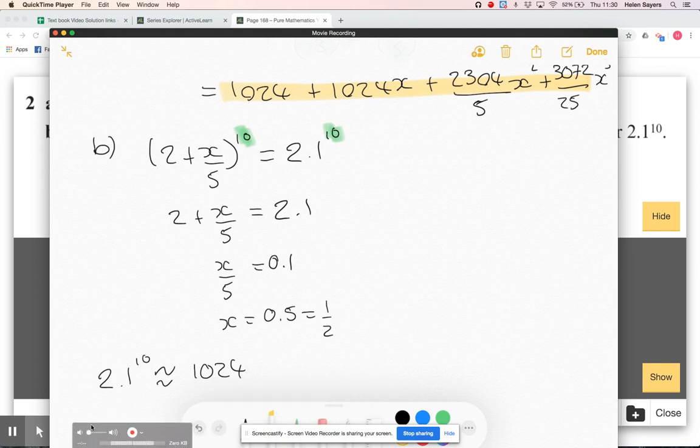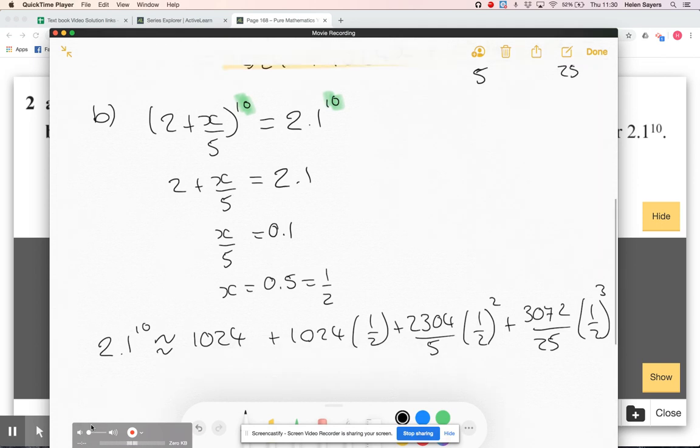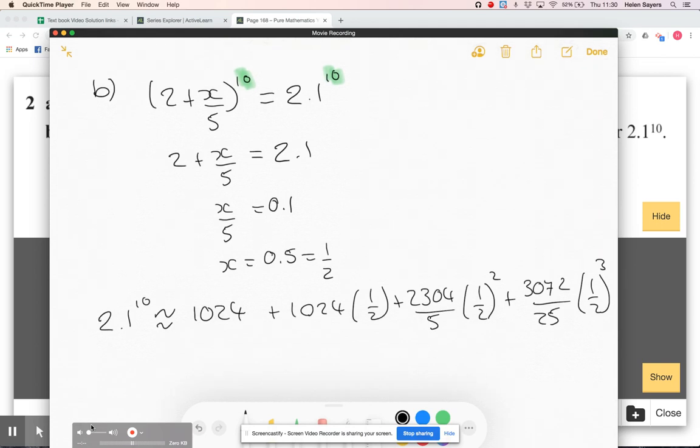Okay, so 1024 plus 1024 times x plus 2304 over 5 times x squared plus 3072 over 25 times x cubed. Okay, and then that's fine for my working. I'm using the wiggly equal lines because obviously this is an approximation. So I'm just going to carefully type all that in.